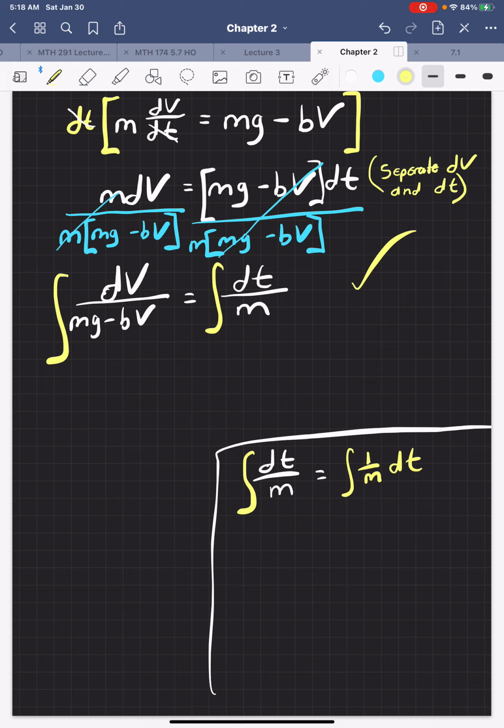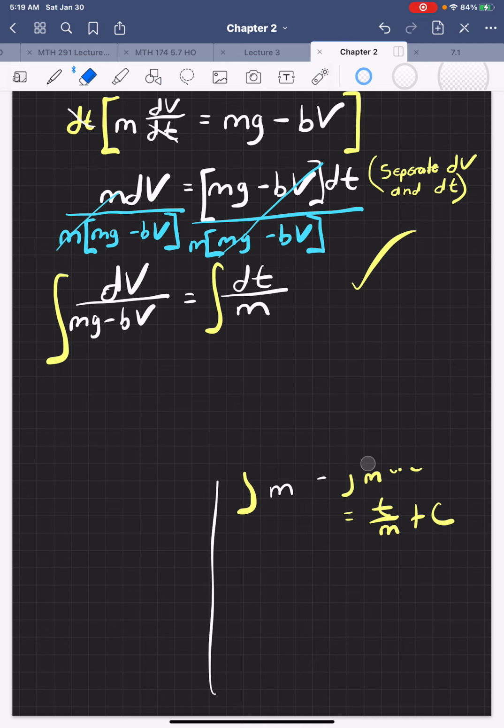In that case, if we integrate that, we're just left with t over m plus c. Okay, let me erase what I have here, and then I'll work the left side for you. If I integrate with respect to t, let me record that answer.